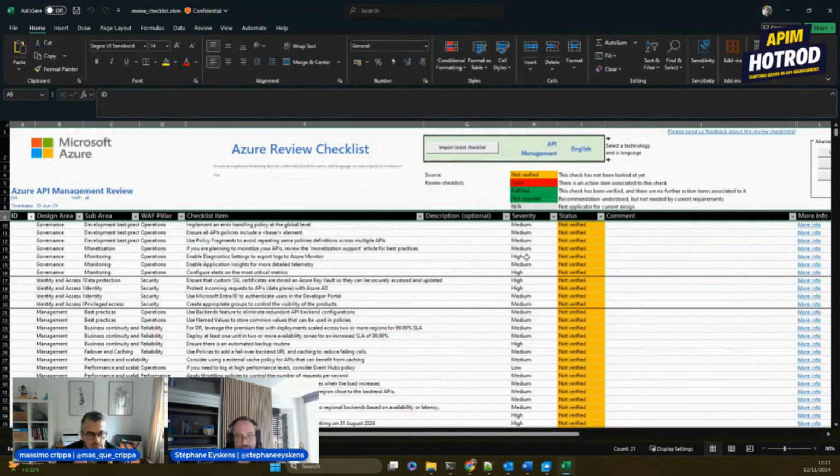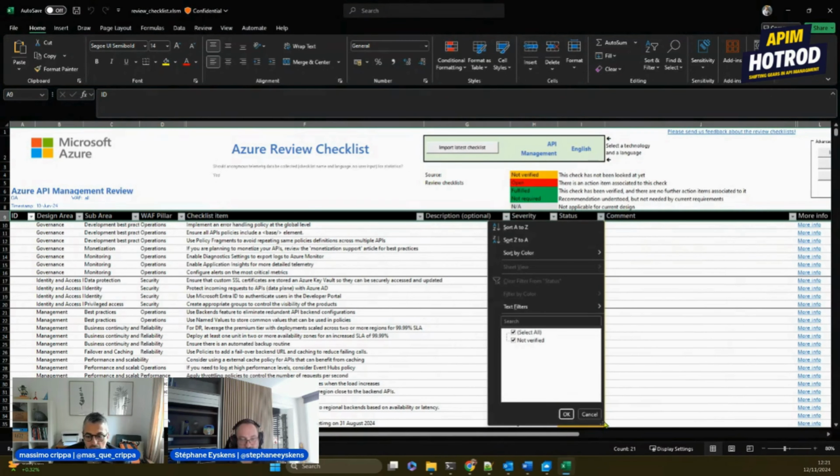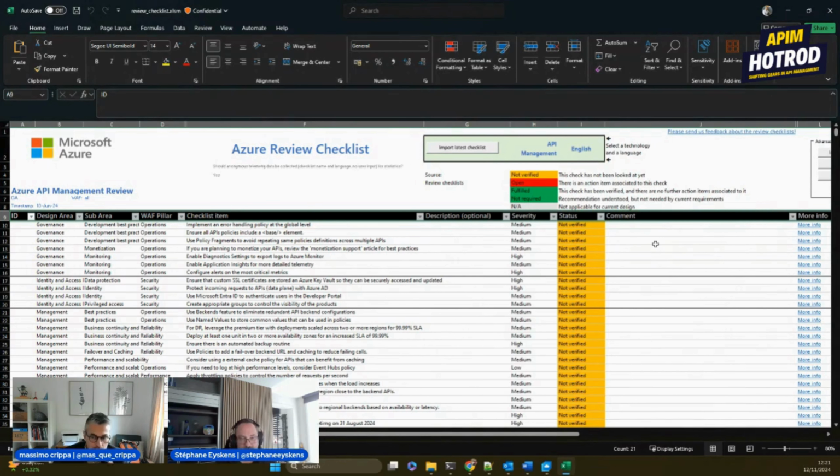It's very well organized. There are different design areas. There are here the controls to be checked, some severity, and you can keep track if it's verified or not verified, and add your comments. Of course, every solution is different. Something that is marked as, for example, medium might not be relevant for your solution.